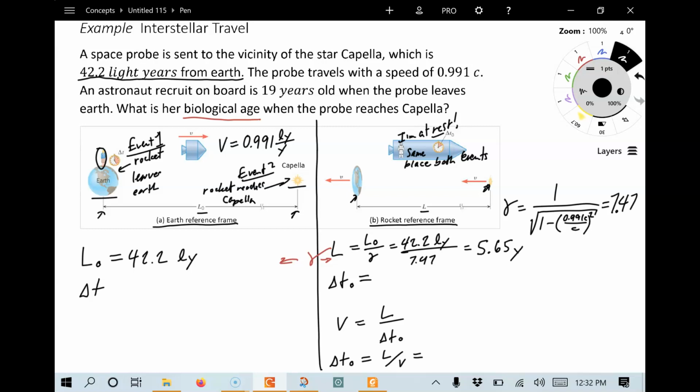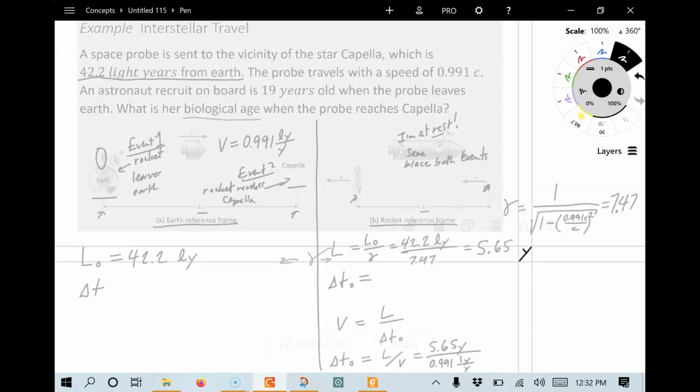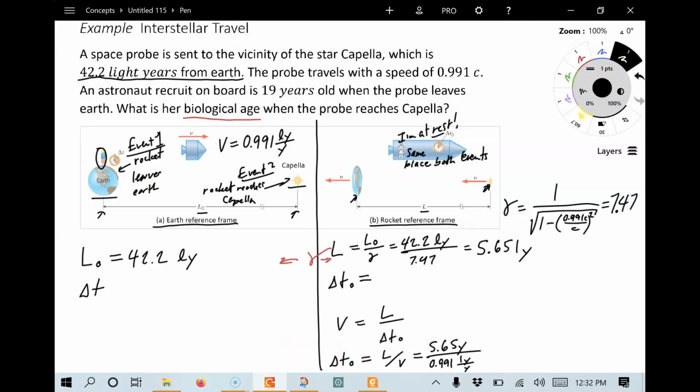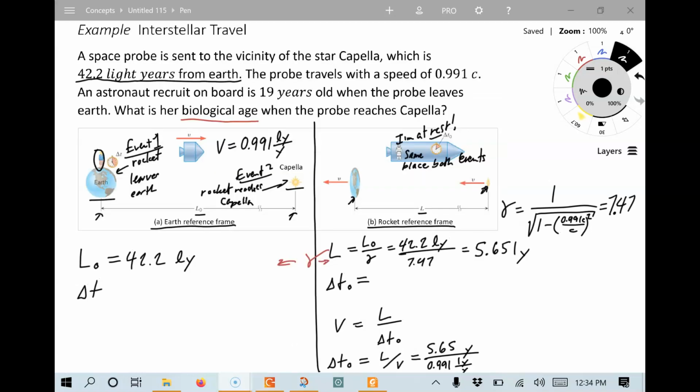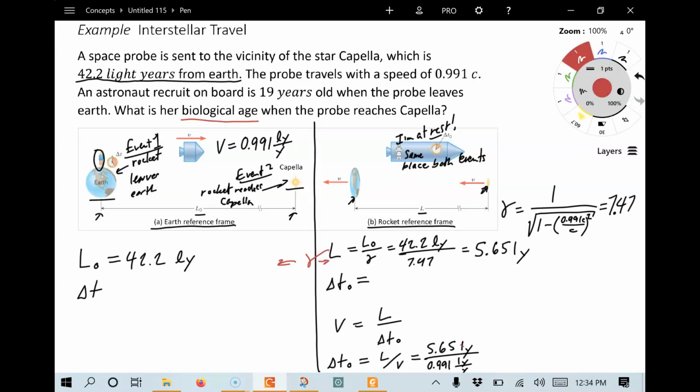That's going to be 5.65 light years divided by 0.991 light years per year. And I think I have a mistake here. I do. This is a distance, it's light years. Okay, that fixes that. Now we can cancel the light years, and 1 divided by 1 over years becomes years.